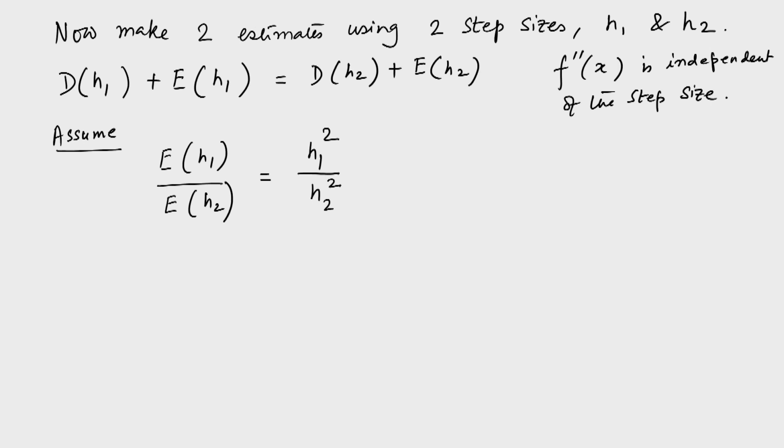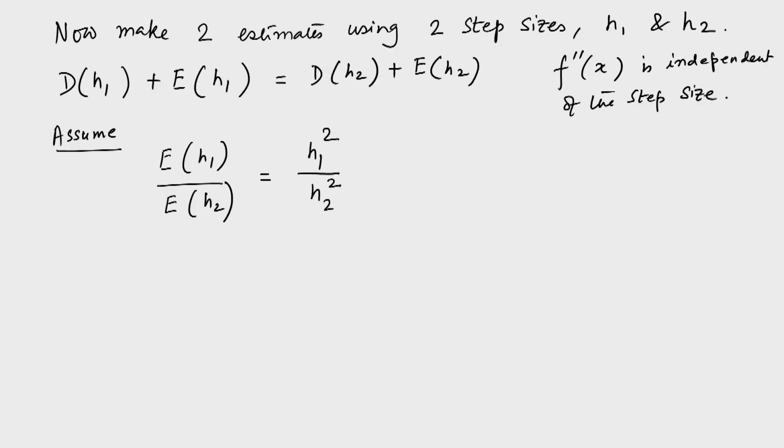We are now assuming that it is not of the order of h, rather it is of the order of h square. So, E of h1 is proportional to h1 square, and E of h2 is proportional to h2 square, such that, eliminating the constant of proportionality, the two errors are in the ratio h1 square by h2 square, which is equal to h1 over h2 whole square.